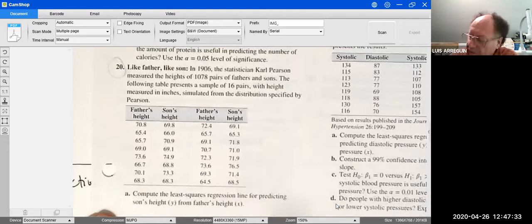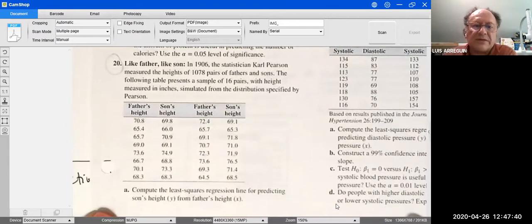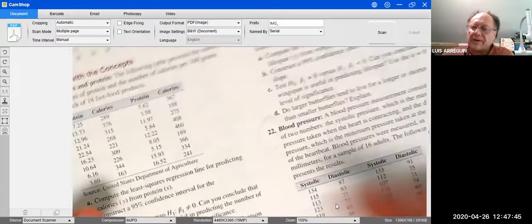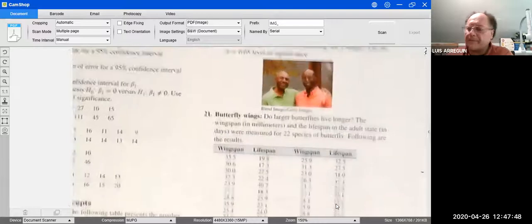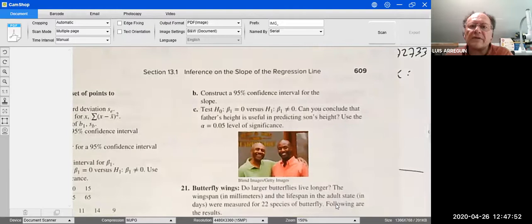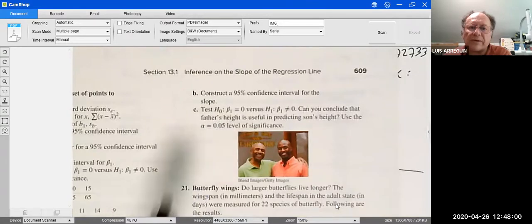Then you're going to answer these questions. You're going to compute the least squares regression line, just y hat equals b0 plus b1x. Then you're going to construct a 95% confidence interval for the slope, something that we just did. And then you're going to conduct a hypothesis test where you are testing the slope being 0, or the linear correlation coefficient being 0. So that's the first problem.